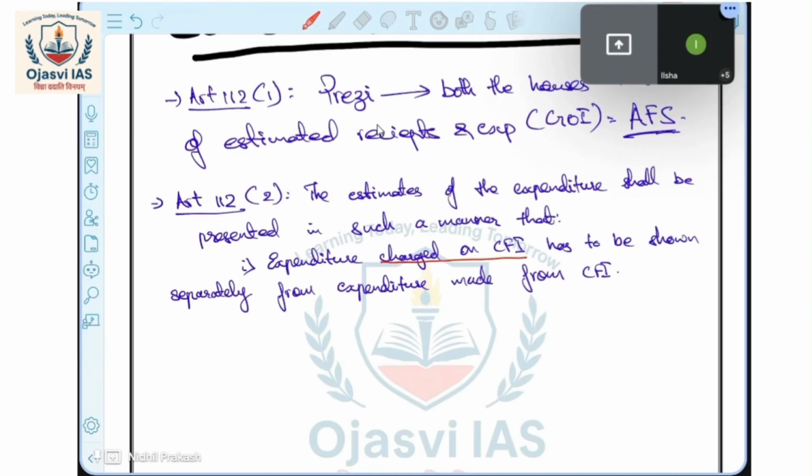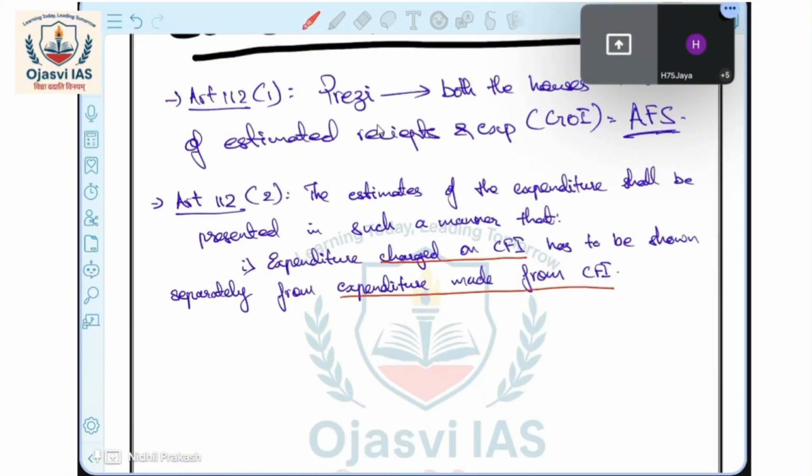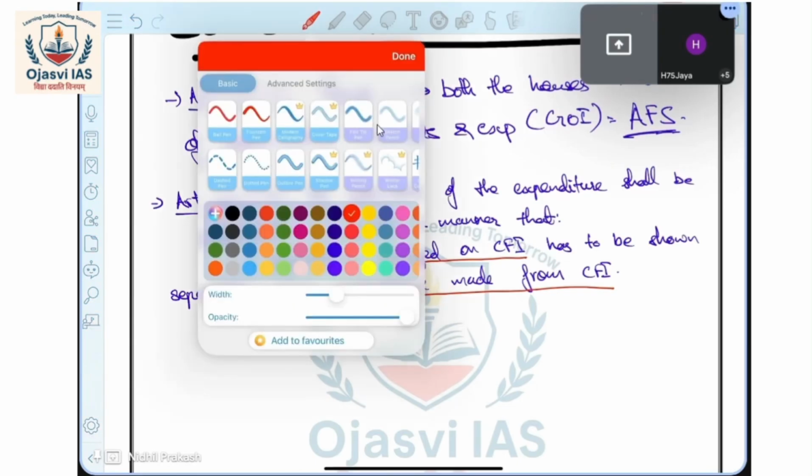Expenditure charged on CFI has to be shown separately from expenditure made from CFI. CFI means Consolidated Fund of India. Sir, the expenditure made from the CFI will need the vote of the Parliament, right? Yes, that is the difference.